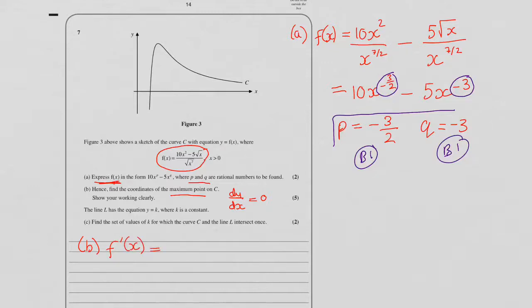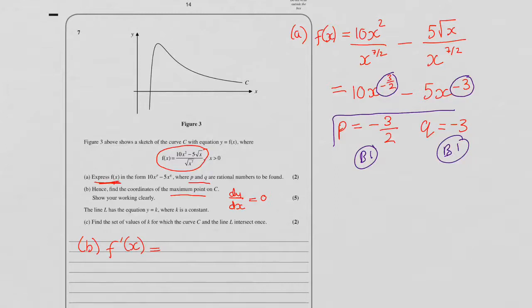Because I'm dealing with f of x, I'm going to stick with that notation and do f dash of x. So when I differentiate this, remember the power comes down and multiplies. So you're doing negative 3 over 2 times 10. Well, that's negative 15. And then we'll also be doing the negative 3 times the 5 there.